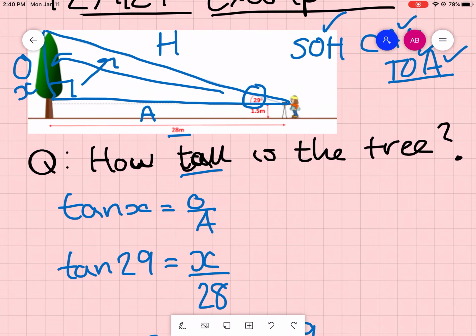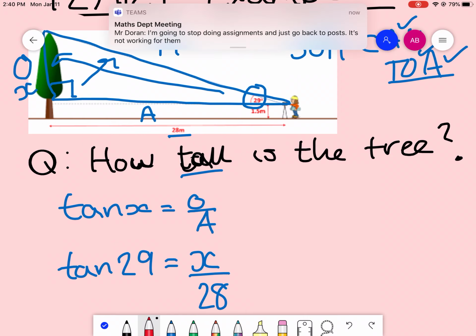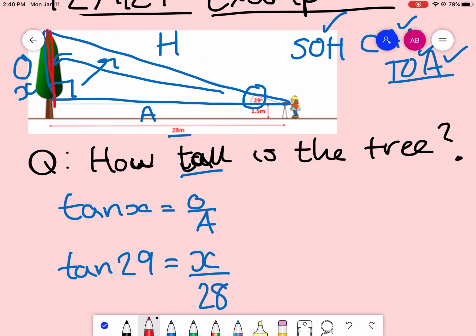But if we have a little look back up at the diagram, this bit here over the left hand side is going to be what we just calculated, 15.5. But as we can see, that's not the whole height of the tree. We've still got that extra bit, which if we look over here, is also the 1.5.